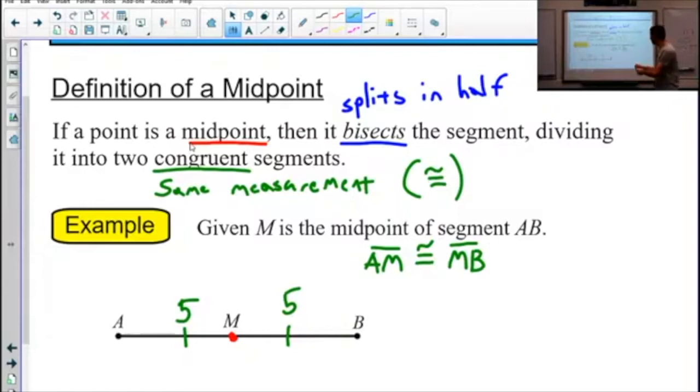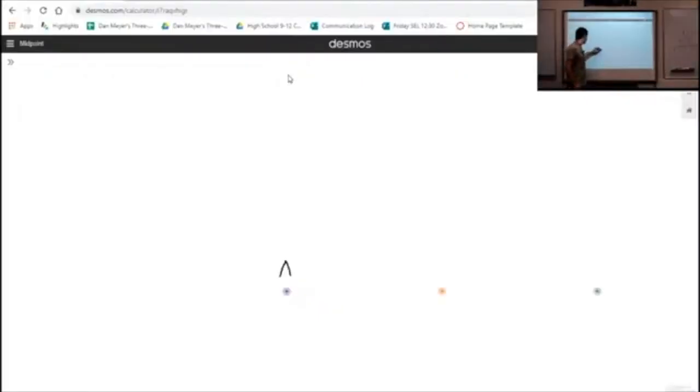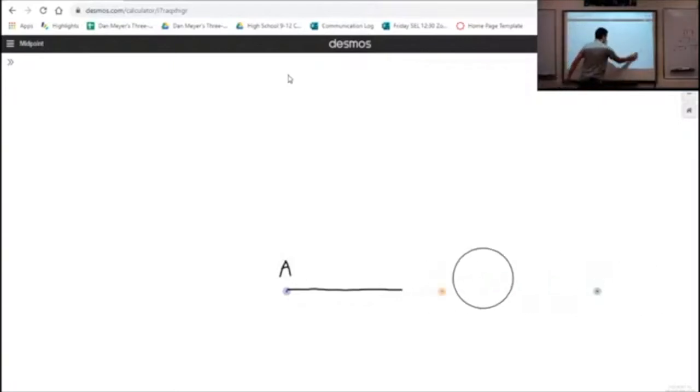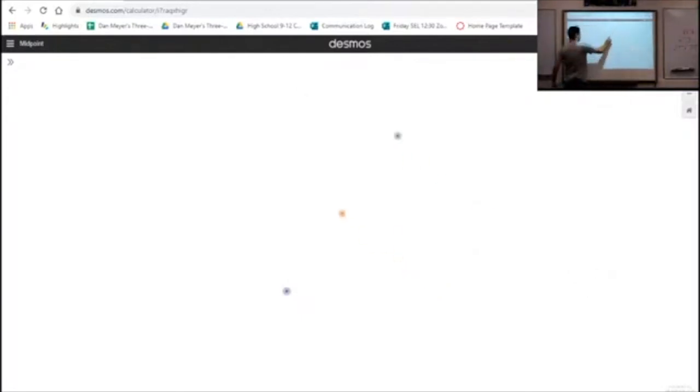So that's the idea of the segment. We're not just splitting the segment up somewhere in between. We're splitting it exactly down the middle and the two pieces are going to be equal. This is going to move around in a second, but here's A, here's B, here's the midpoint M, and so here's the segment. And you'll notice these are congruent. And I'm going to move these around so you can see how the midpoint changes when the point changes.